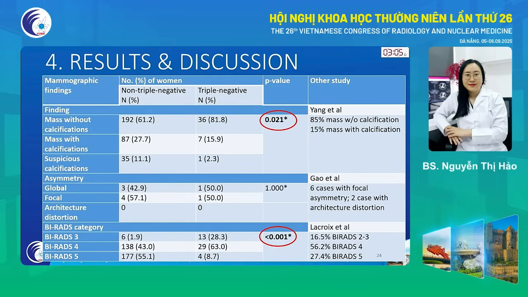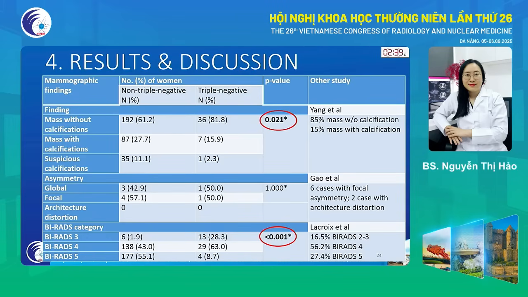About mammographic findings, here you can see that mass without calcification was the most common finding in triple-negative with more than 80%, while this finding was only 61.2% in non-triple-negative. Suspicious calcification we see in more than 10% in non-triple-negative, but only 2.3% in triple-negative.